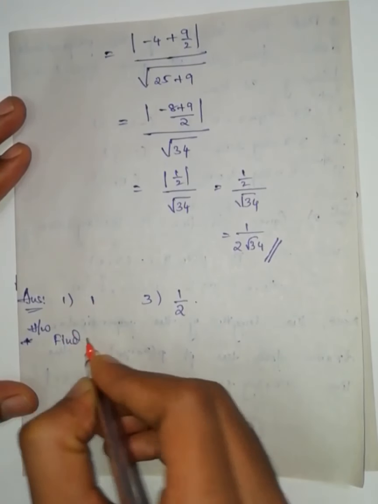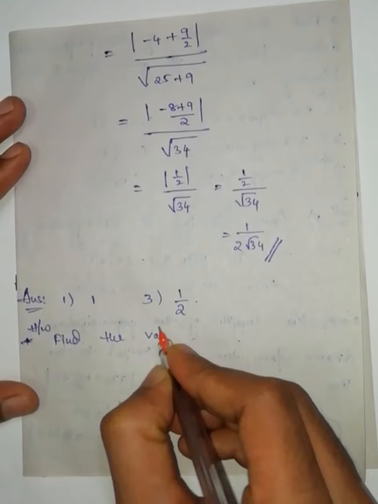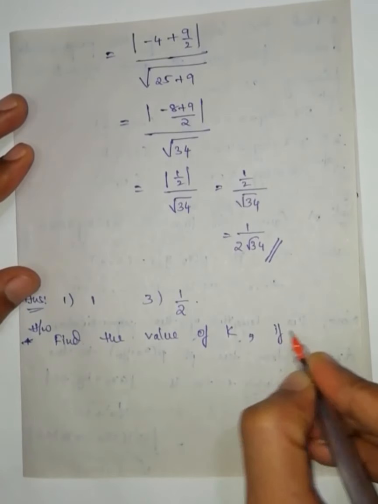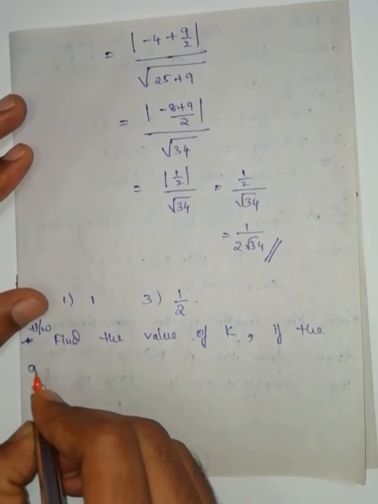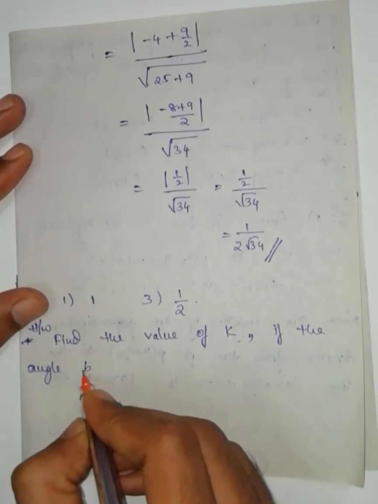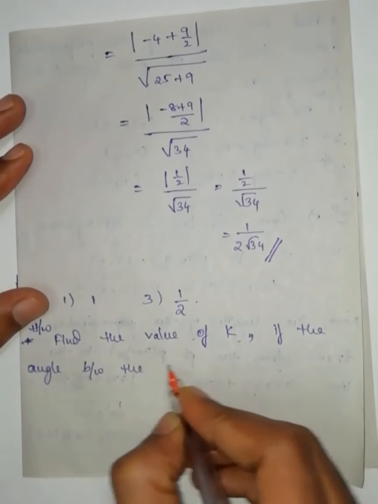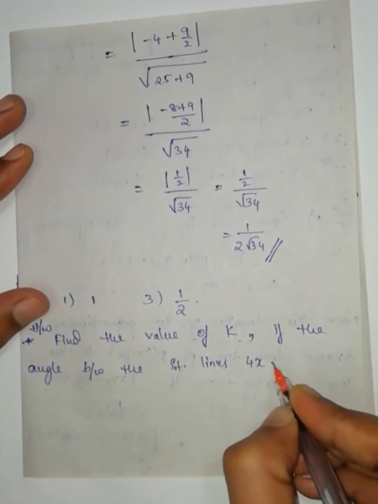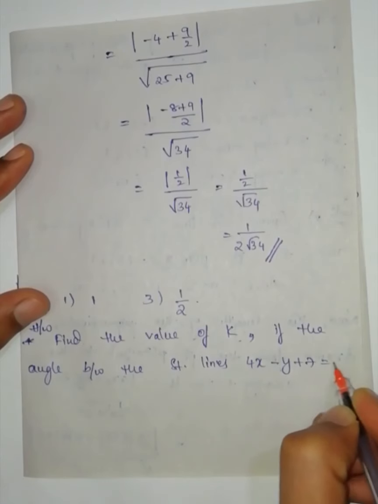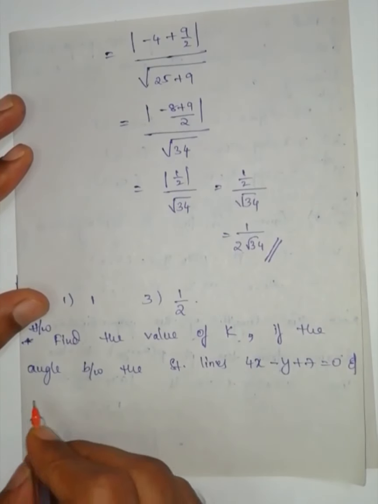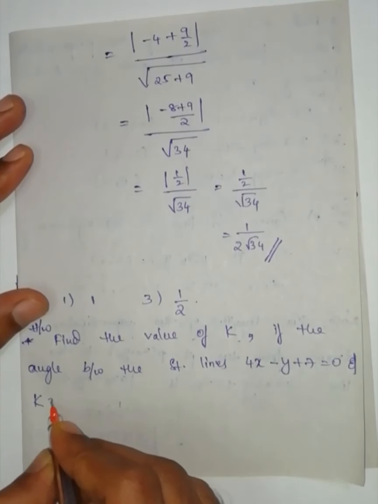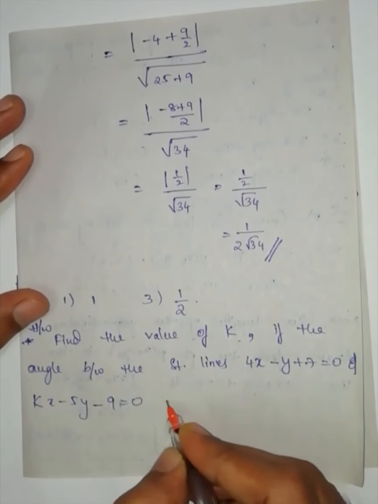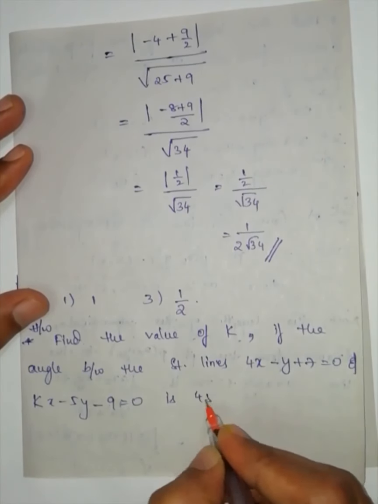Now another homework problem. Find the value of k if the angle between the straight lines 4x minus y plus 7 is equal to 0 and kx minus 5y minus 9 is equal to 0 is 45 degrees.